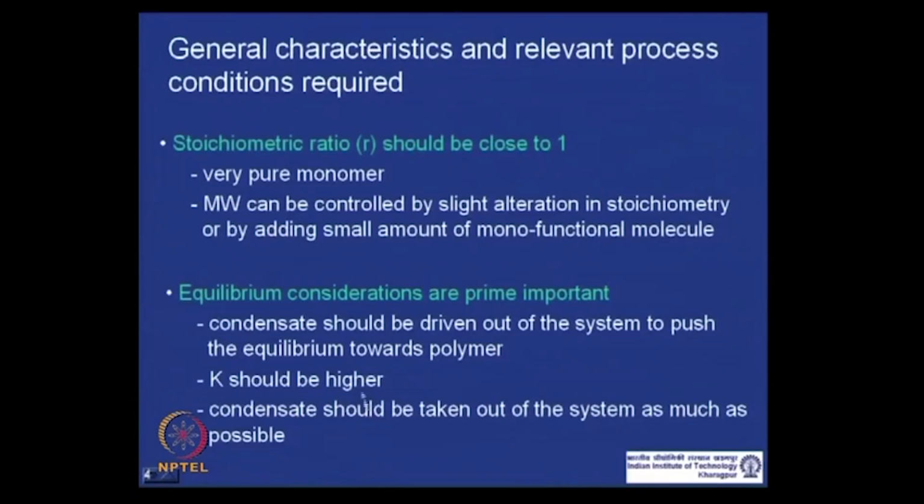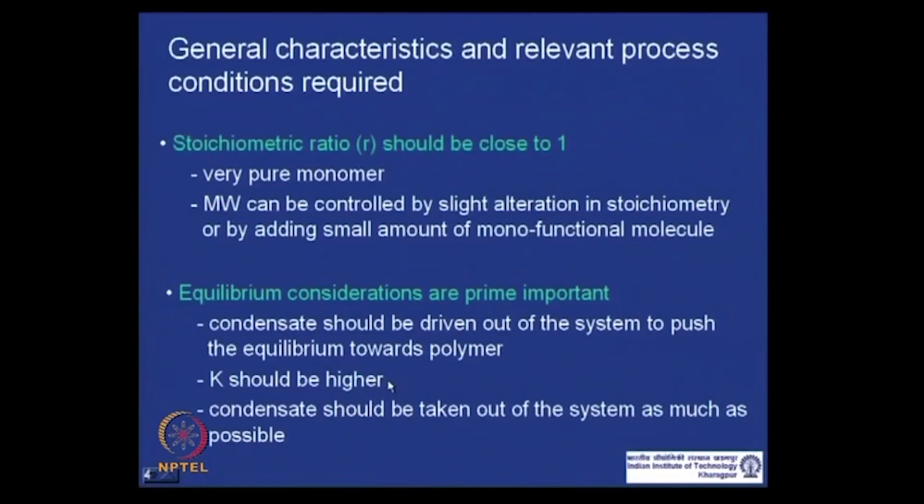You have to drive it out by applying low pressure, vacuum, and high temperature, so that your reaction proceeds towards the product side, towards the polymer side. You have also seen that it is always preferred to have a higher K value, a higher equilibrium constant.